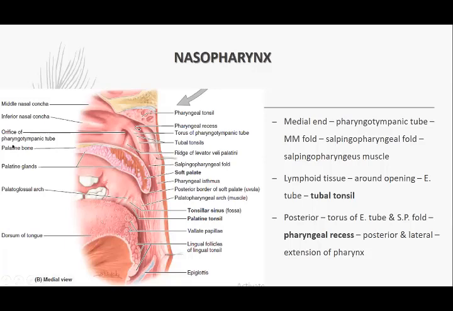So we were talking about this blocked eustachian tube. In order to open this blocked eustachian tube, if an instrument is passed into it, अब अगर वो instrument slip कर गया, इस tube में नहीं गया, पीछे चला गया, यहाँ पे you have fossa of Rosenmuller या pharyngeal recess. Now this pharyngeal recess is extremely important, बहुत खतरनाक है, because posterior to this pharyngeal recess या fossa Rosenmuller, posterior to this you have the internal carotid artery.